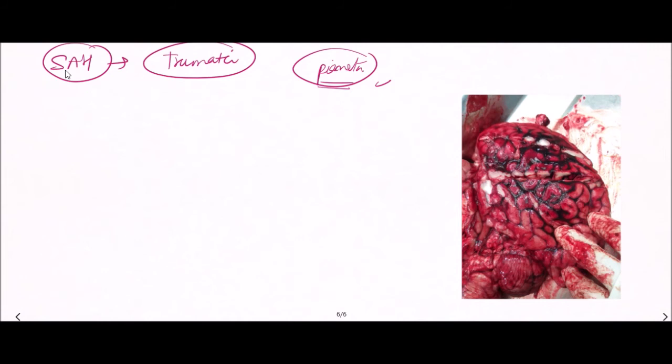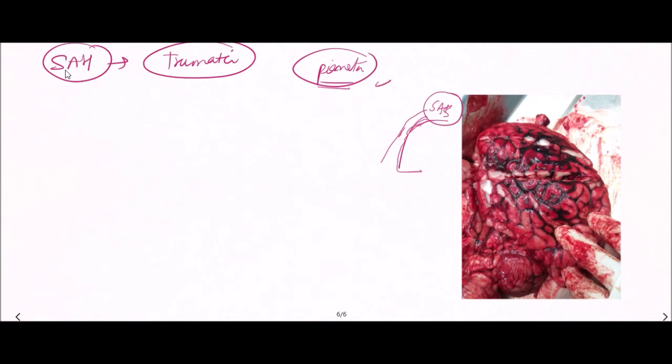Now the space between the pia mater and arachnoid, suppose this is the pia mater, this is the arachnoid mater, and this is the underlying brain. The pia is firmly adherent to the brain, and this space is known as the subarachnoid space. It contains various blood vessels, cranial nerves, and networks of connective tissue.